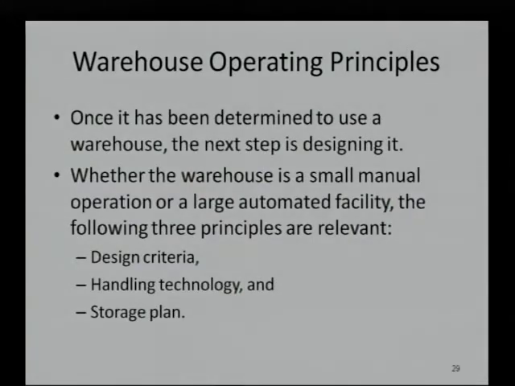Is it a warehouse which has automation, which has a lot of technology being used in the warehouse? So, the 3 broad principles which are very significant and relevant: the design criteria, the handling technology, and the storage plan of that particular warehouse.